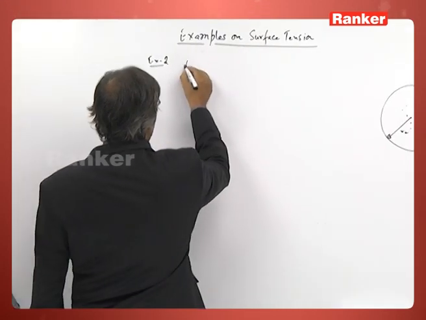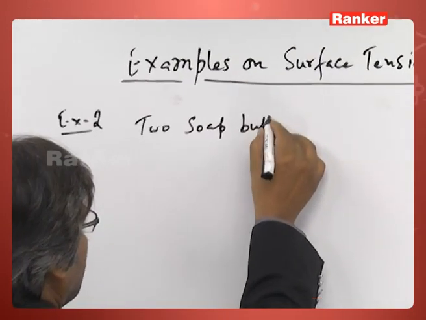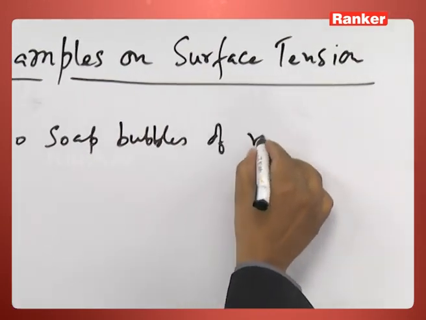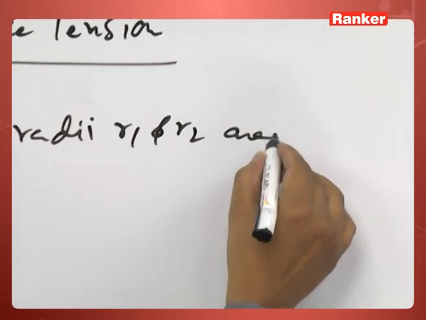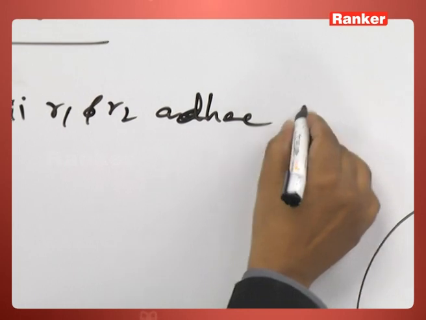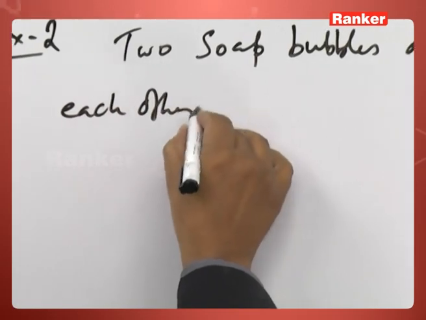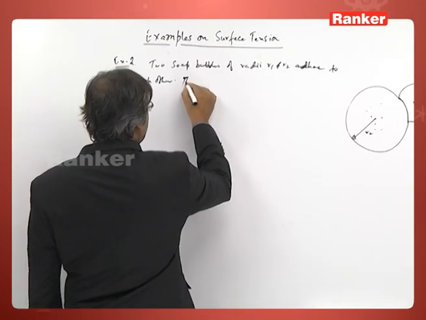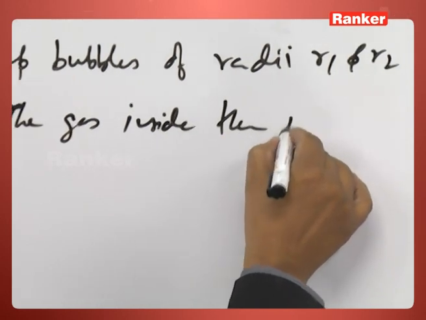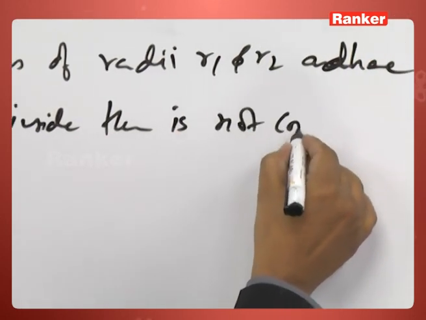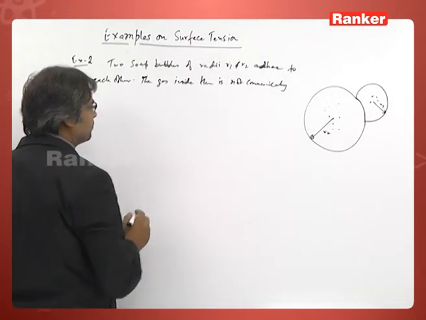Two soap bubbles of radii R1 and R2 adhere to each other. The gas inside them is not communicating, that means the gas is trapped inside.